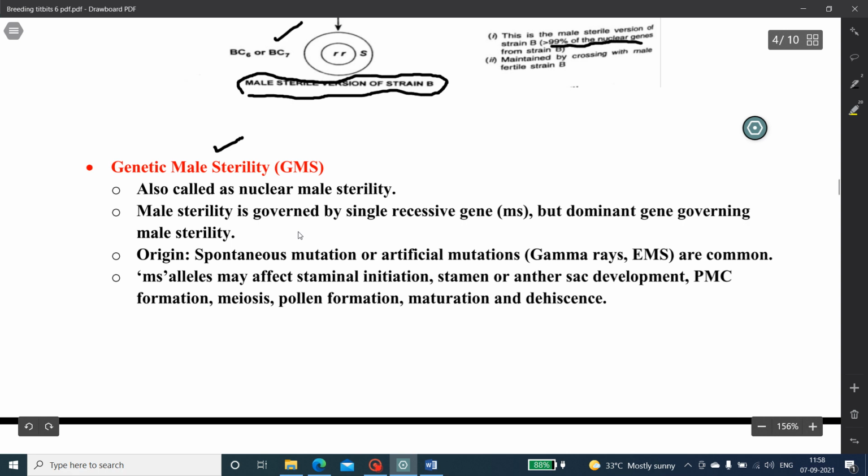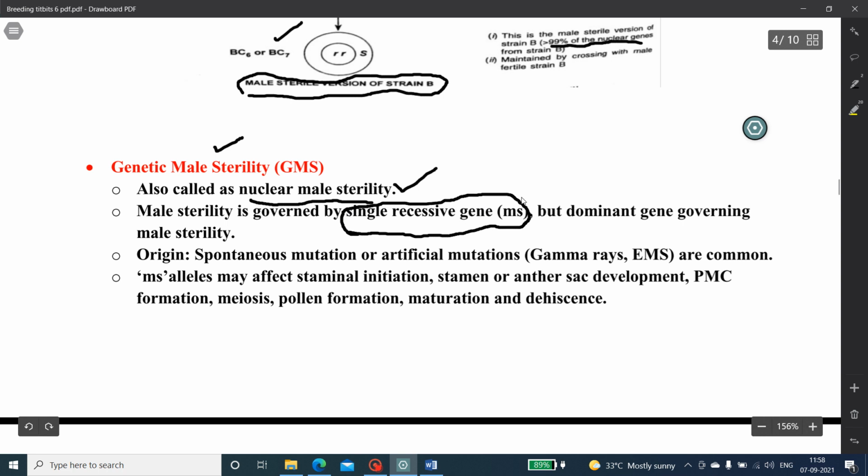mechanism involved in the production of hybrids. It is also called nuclear male sterility, and here the male sterility is governed by a single recessive gene. Please kindly make note of this.